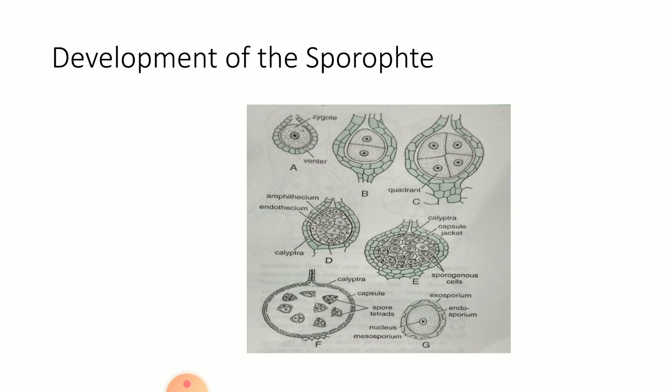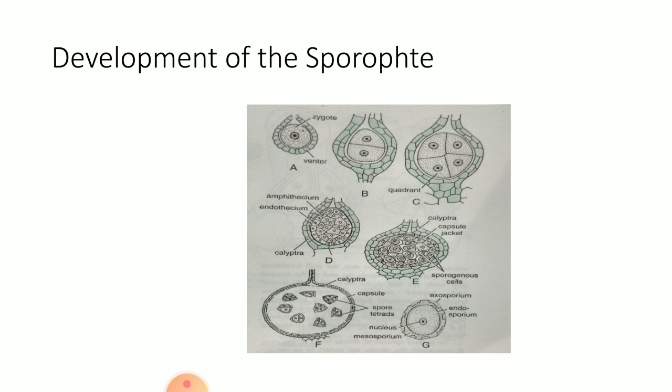Their walls become mucilaginous and the contents become granular. All these sporocytes divide meiotically to form the spores. However, some of them disintegrate to form a nutritive fluid and are called the nurse cells. We believe that the nurse cells are the forerunners of the elaters in the advanced members of the group Marchantiales.